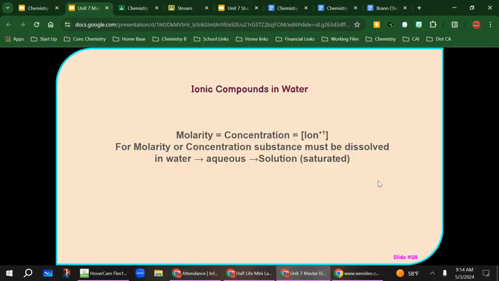A solution could be saturated if it's holding the most that it can hold. So in a problem, it may say, what is the concentration of ions in this solution, or the solution is saturated, or a solution is made by mixing this many moles with this much water. Just a little clarification for you on those terms.